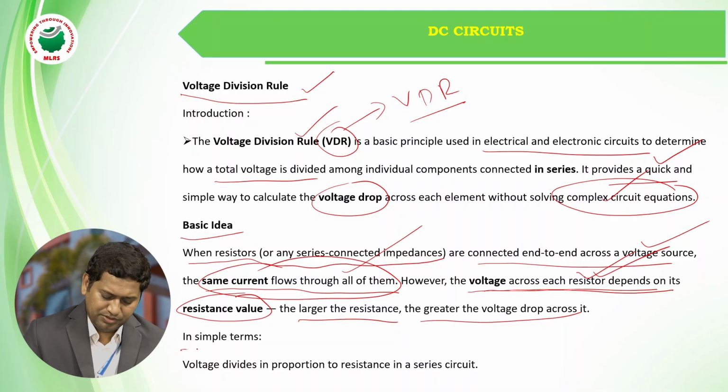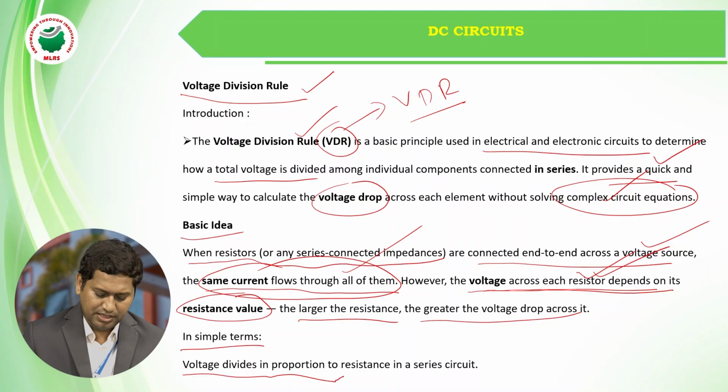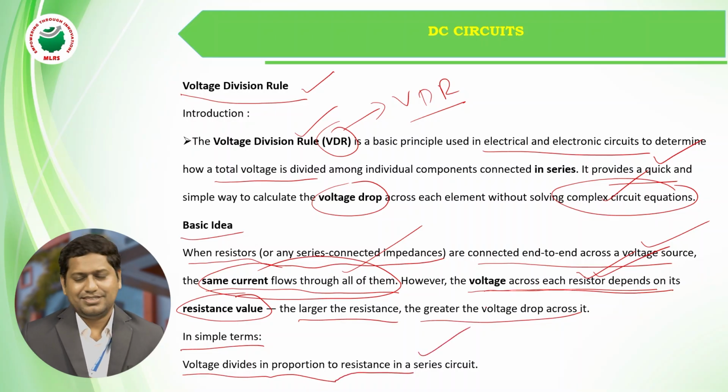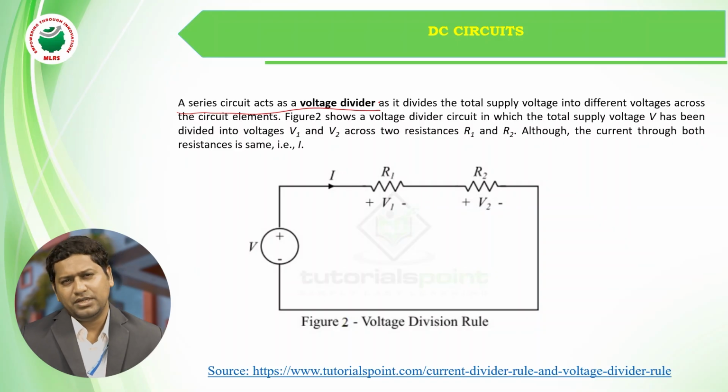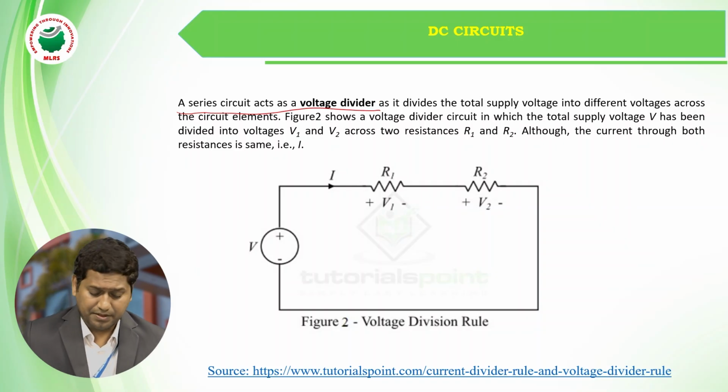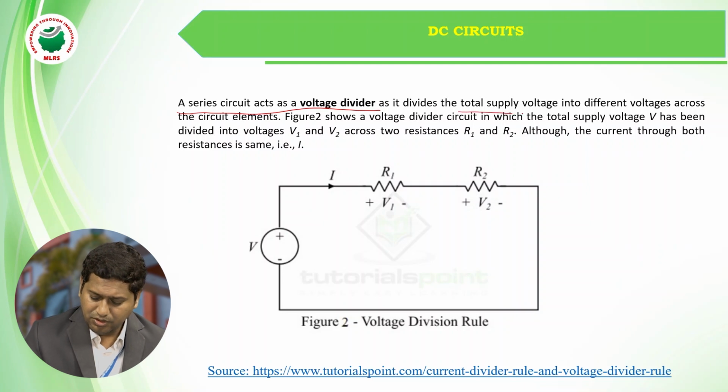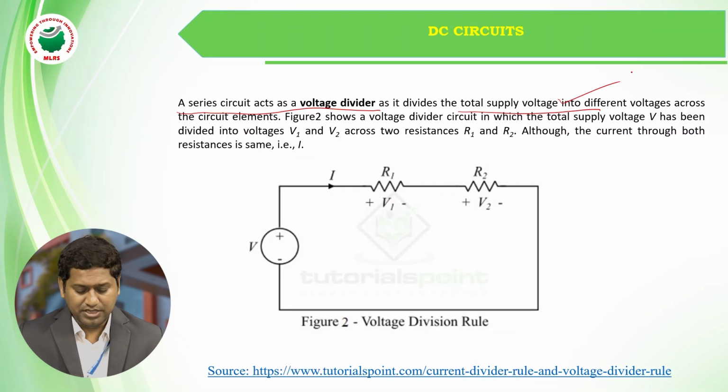So in simple terms, voltage divides in proportion to resistance in a series circuit. A series circuit acts as a voltage divider. It divides the total supply voltage into different voltages across the circuit elements.